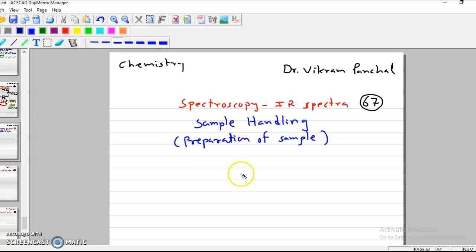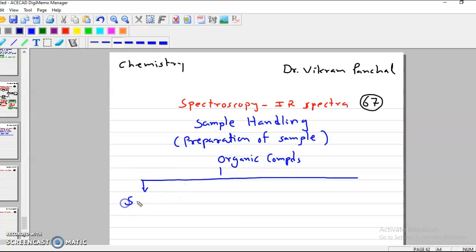Normally organic compounds are in three different states: one solid, then liquid, or maybe gaseous state.